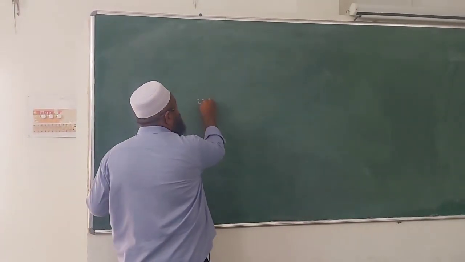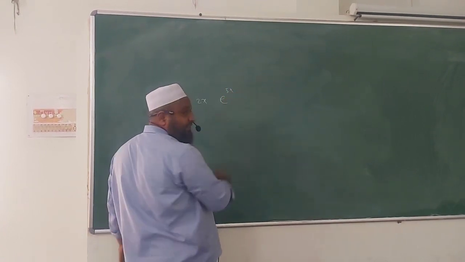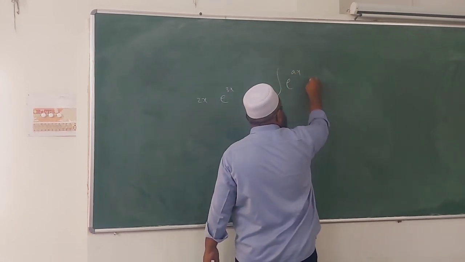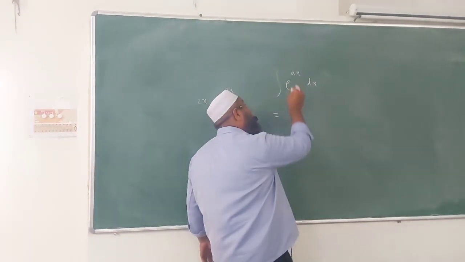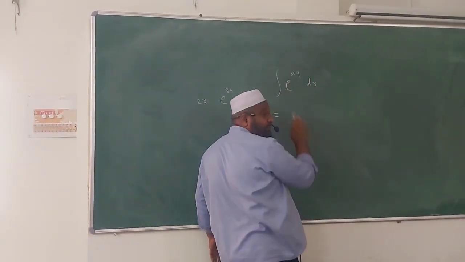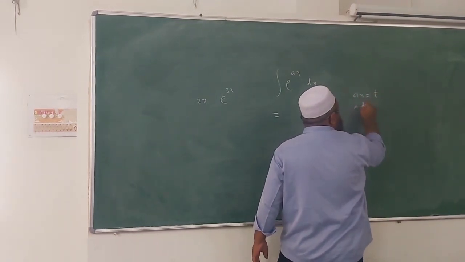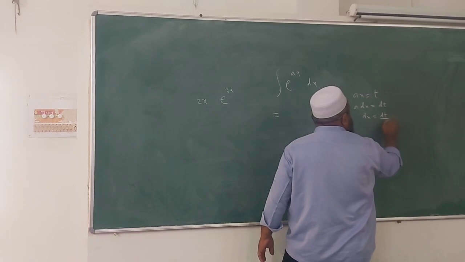Suppose we have 2x as one function, e to the power of 3x is another function. First of all, let me answer, what is integral of e to the power of ax dx? By substitution, take ax equal to t, a into dx is equal to dt. So dx is equal to dt by a. This dx I will write as dt by a, and this I will write as t.